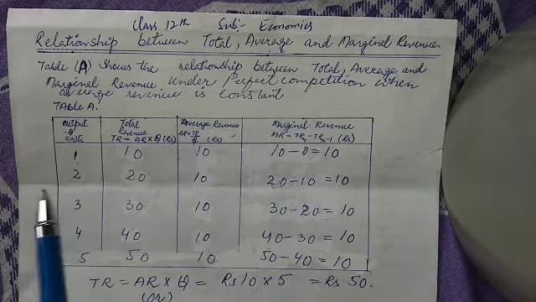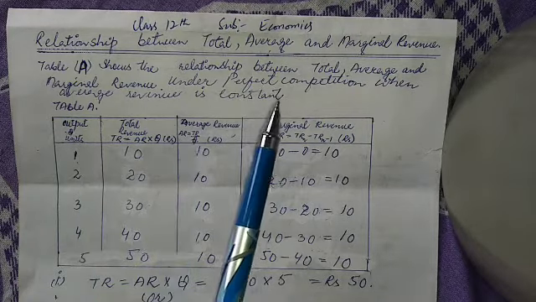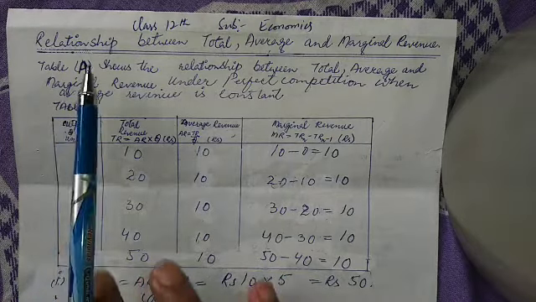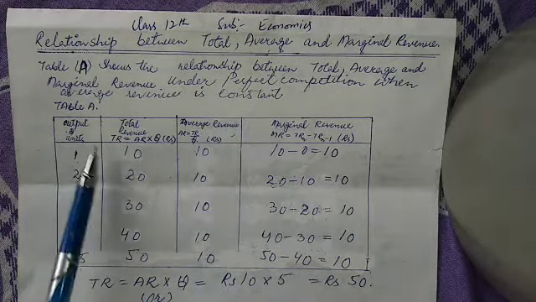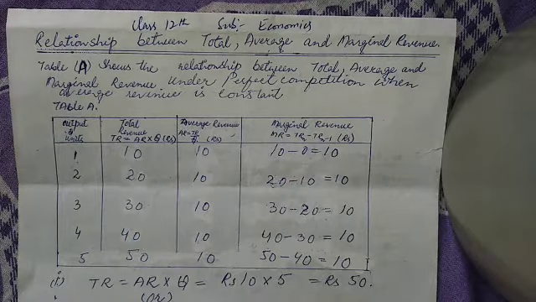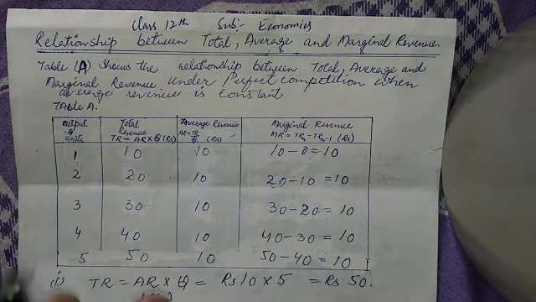If you look at this table, this table A shows the relationship between total, average and marginal revenue under perfect competition when average revenue is constant. You see, let us take an example of a firm under perfect competition.